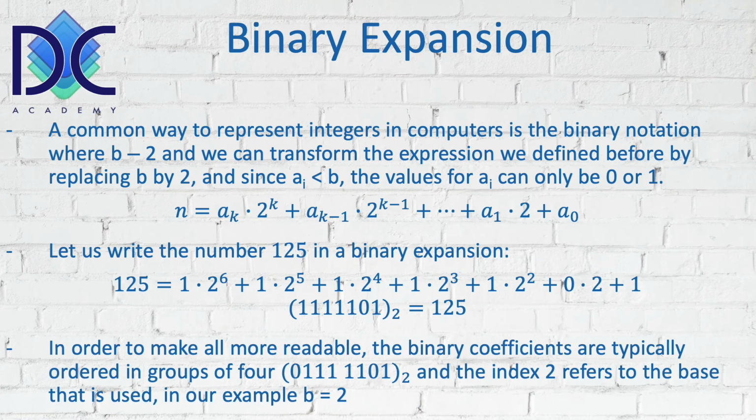Now, to make it a little bit more readable, what we are typically doing is grouping those ones and zeros in groups of 4. So we start from the right-hand side. So we have 1, 1, 0, 1 for the four rightmost numbers, and then we have 0, 1, 1, 1. So basically the 0 in front we don't really have to put there.